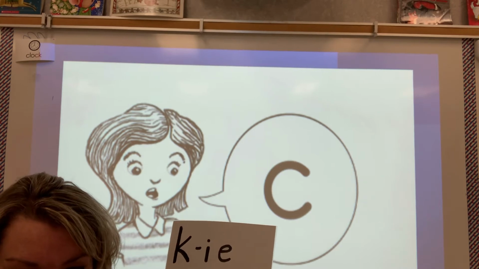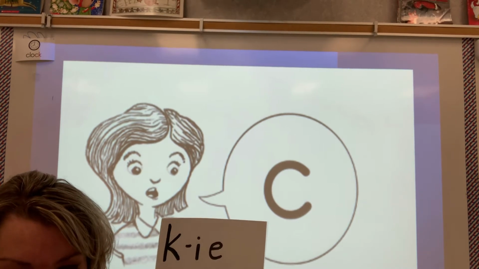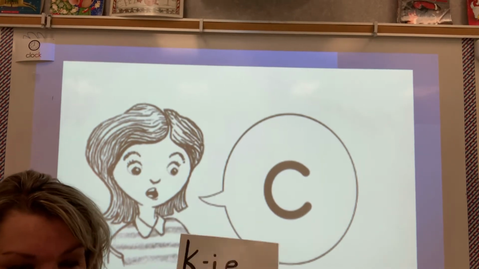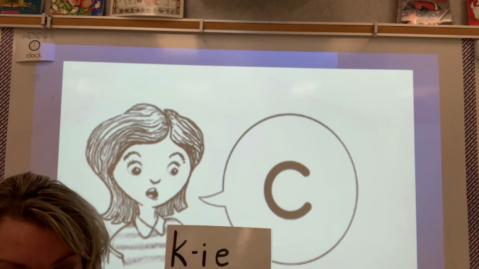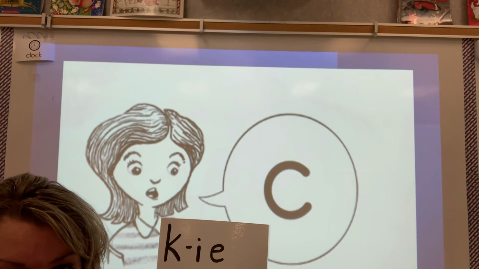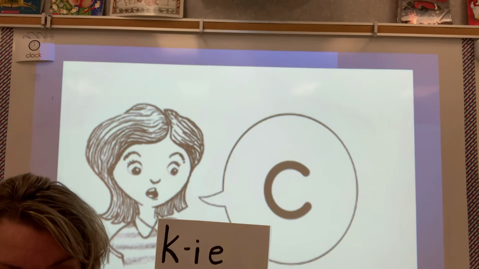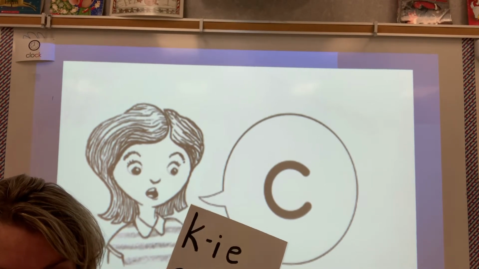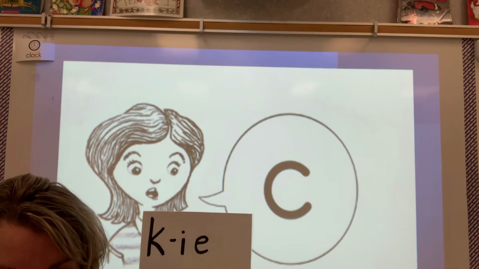K-I-T. What letter comes after the K sound? I. So what letter would I put in front, Russell? What letter would go in the front? K. K, you're exactly right. K would go in the front. Kite. All right, let's say I needed to spell the word can.